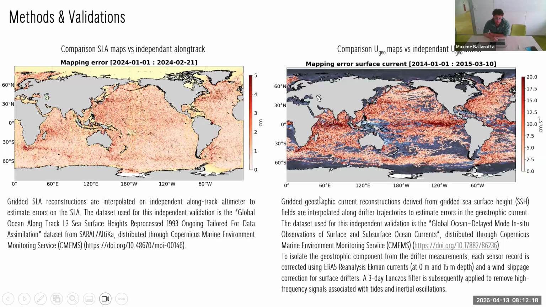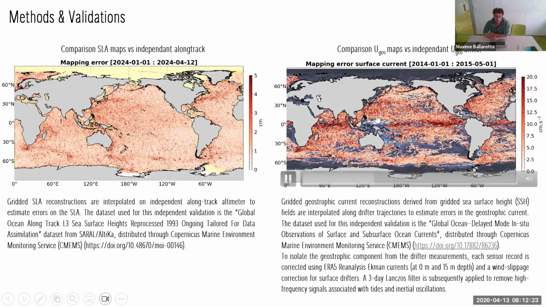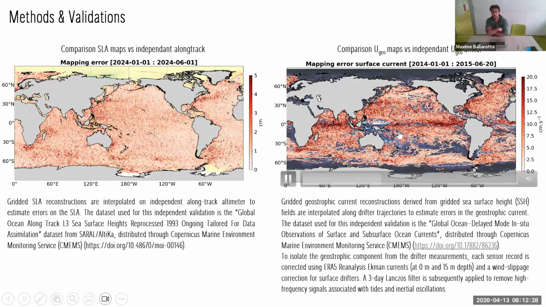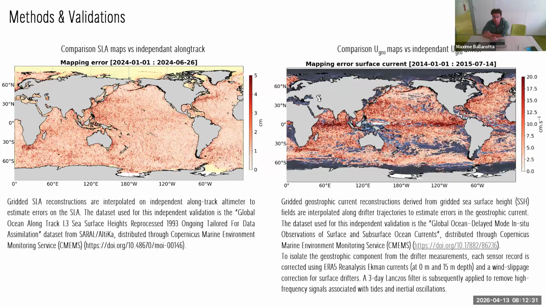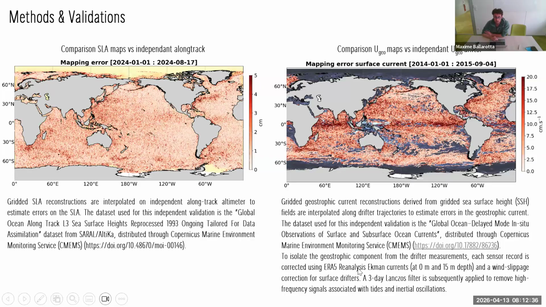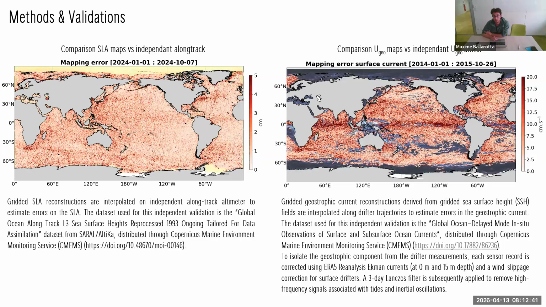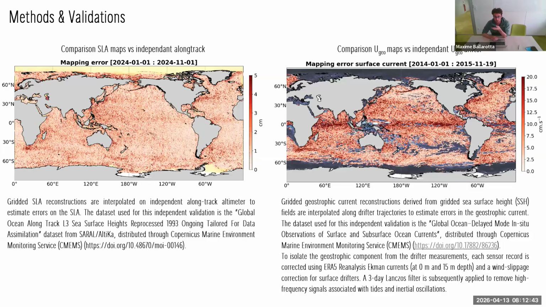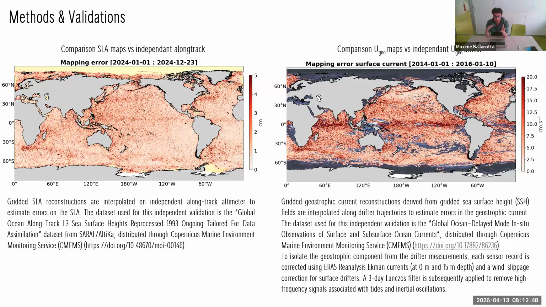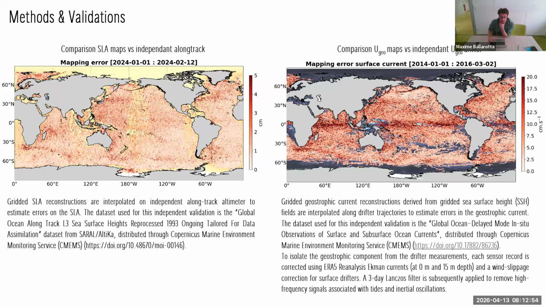We can also perform a validation on the geostrophic current using in situ datasets, basically drifters that are distributed in the Copernicus Marine Service. It is both surface and 15-meter depth measurements, and we apply several corrections to really compare the geostrophic current from the map with an equivalent of the geostrophic current from the in situ dataset.